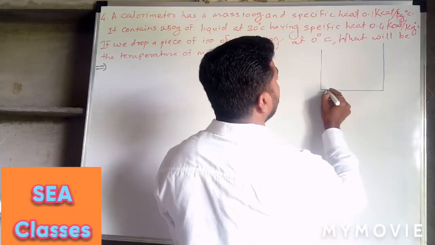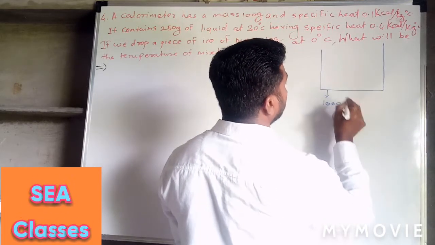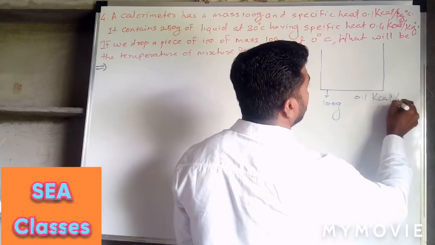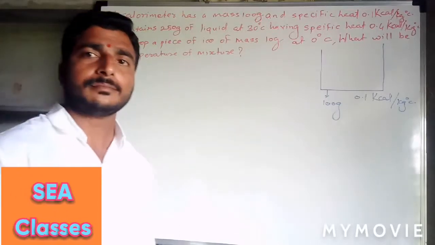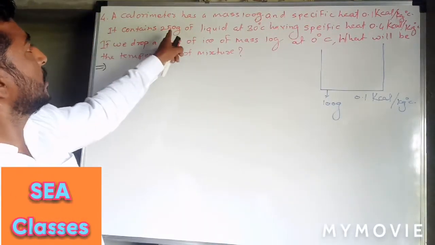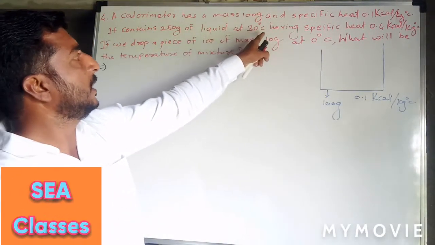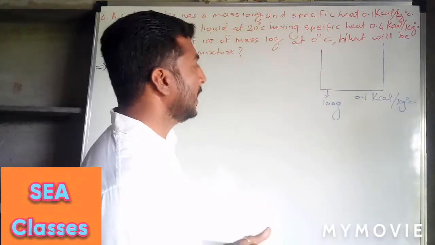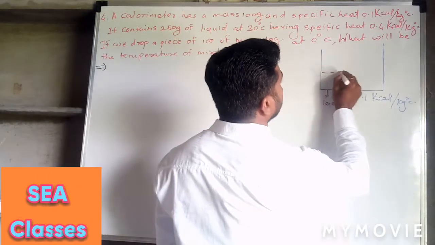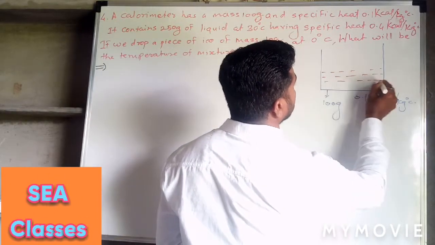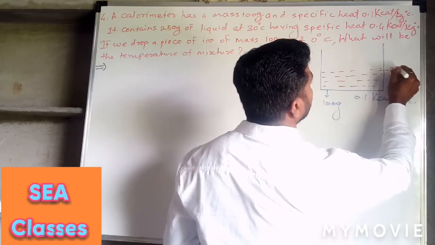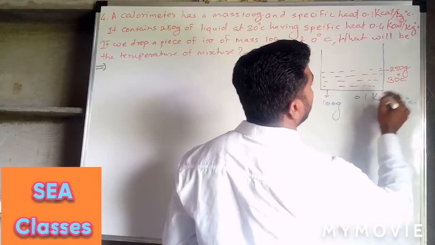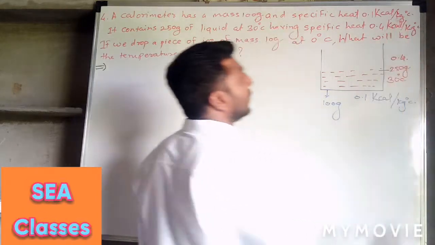A copper calorimeter having a mass of 100 gram and a specific heat of 0.1 kilocalorie per kg degree Celsius contains 250 gram of liquid at 30 degrees Celsius having specific heat 0.4 kilocalorie per kg degree Celsius. So it is having a liquid of 250 gram, temperature 30 degrees Celsius, and its specific heat is given as 0.4.